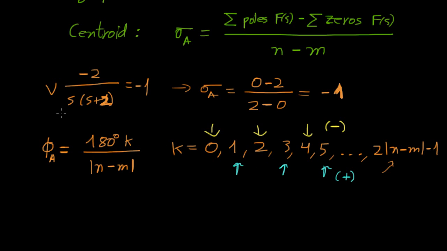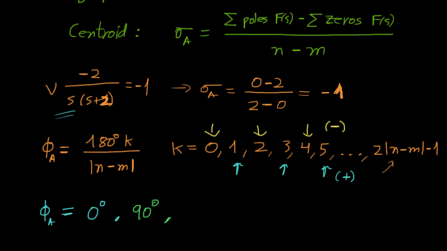So in the same example we were working with, phi sub a for k equal to 0 is 0 degrees. For k equal to 1 we have 180 times 1 over 2, and that's 90 degrees.